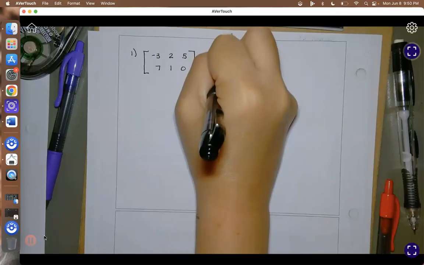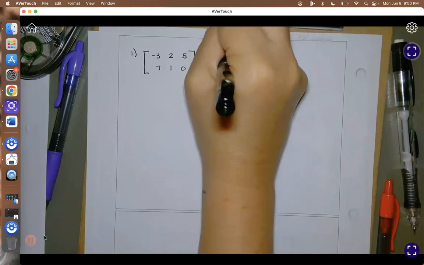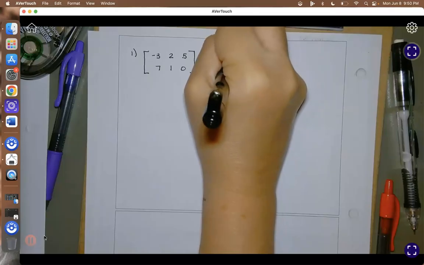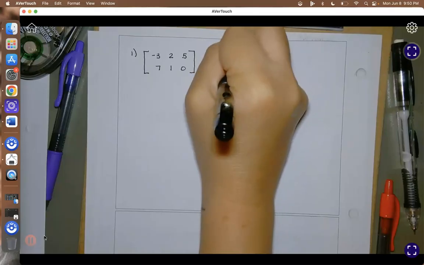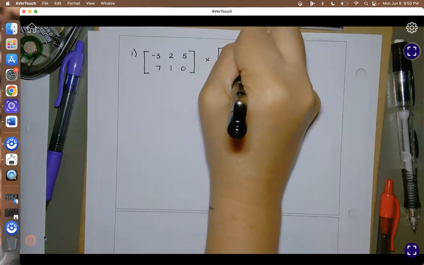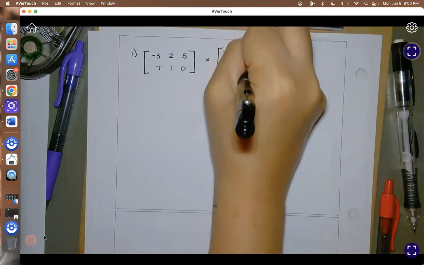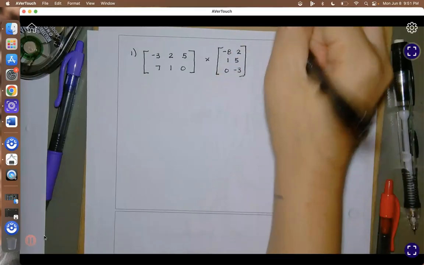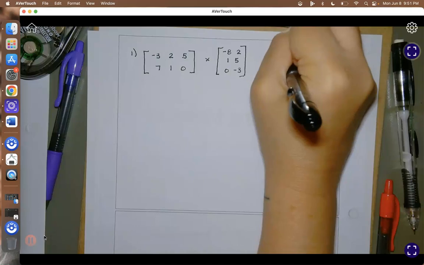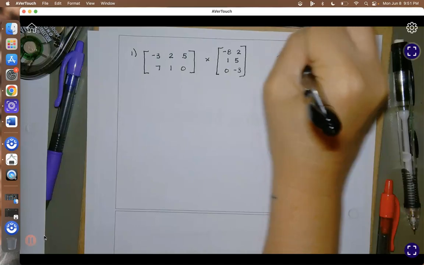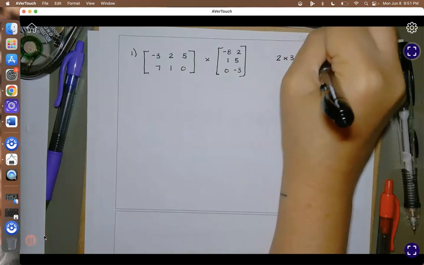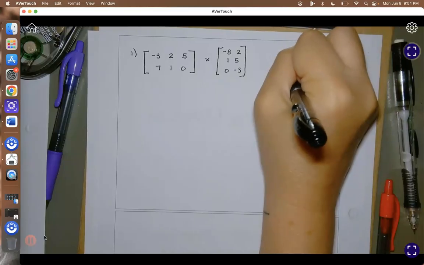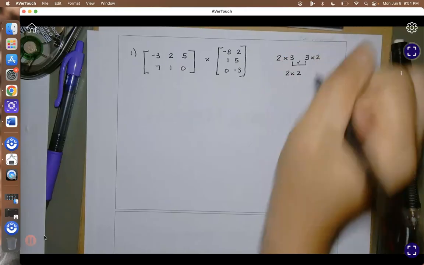So we're working the one that we just wrote down, times -8, 2, 1, 5, 0, -3. Once again, we write down our size: 2 rows, 3 columns, 3 rows, 2 columns. Those do match, so my answer is a 2 by 2.